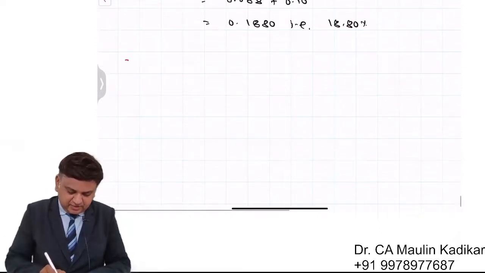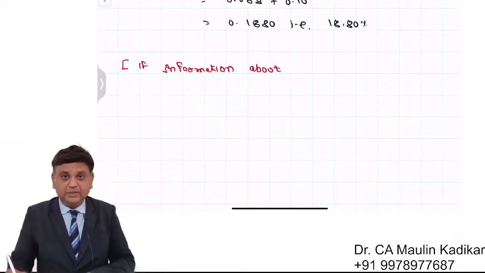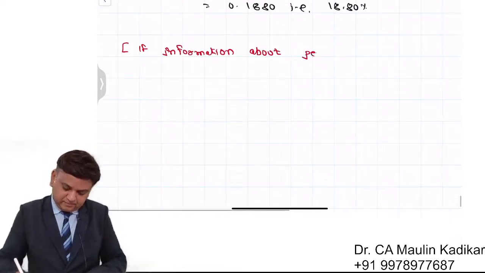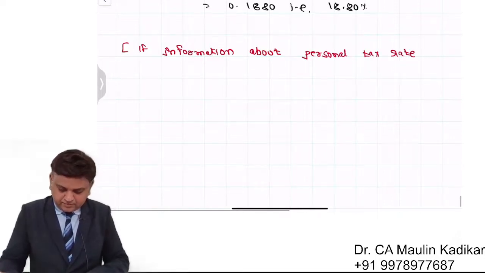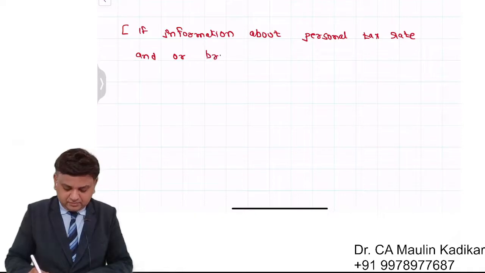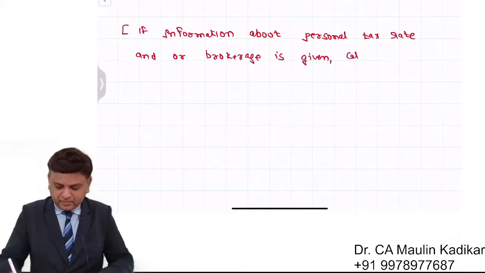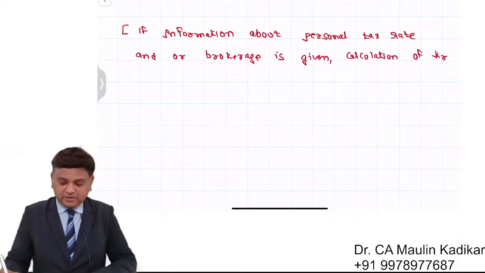Write in bracket, if information about personal tax rate and or brokerage is given, comma, calculation of KR will be different.